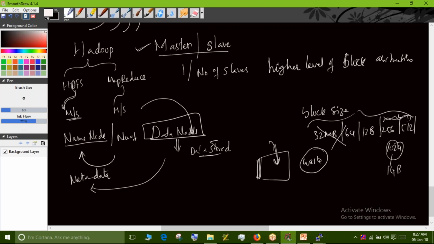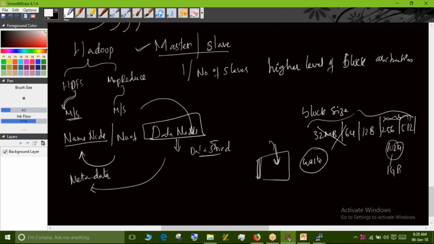Don't worry, we are going to talk about Hadoop daemons in detail at that time. But as we are talking about HDFS, master is the name node and we have any number of data nodes.